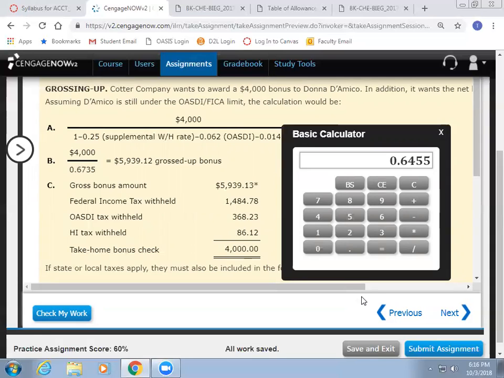So $100 divided by 0.6455, and we should get $154.92.